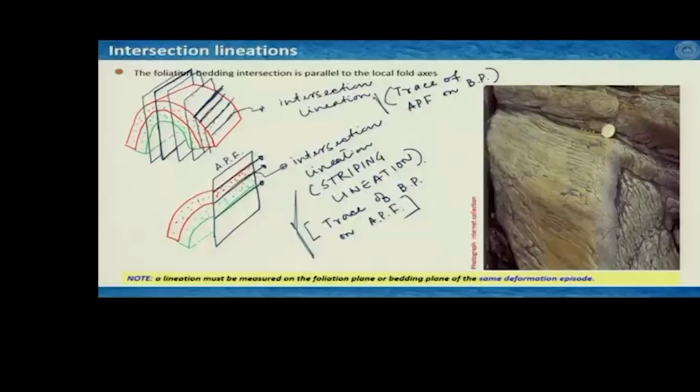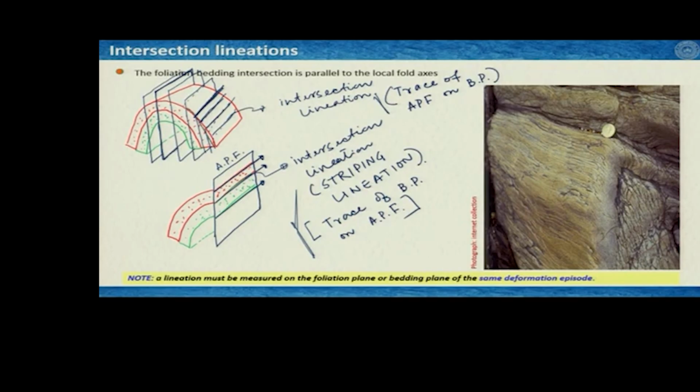the axial planar cleavage. Now, let us focus on this photograph which I collected from the internet, because this is spectacular. You can clearly see this surface is very much similar to this surface. So, this is your bedding plane.